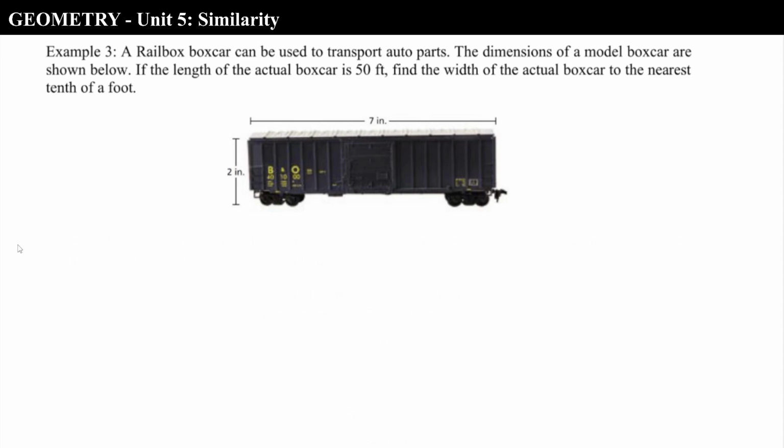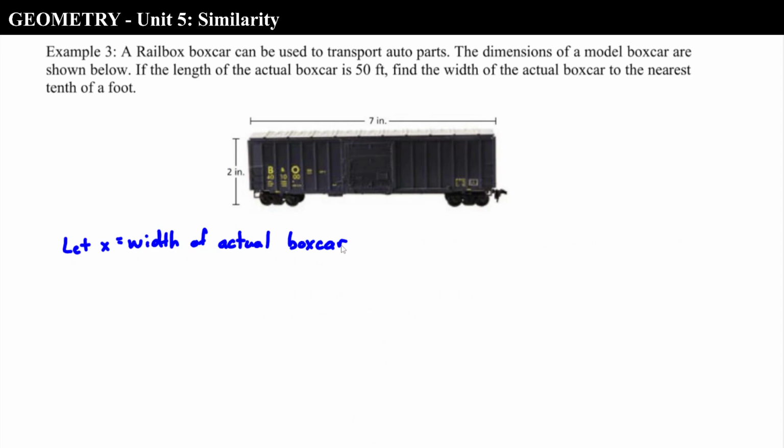So we're going to let x be the width of the actual boxcar. Now we are going to use a similarity ratio to find out what that width is.